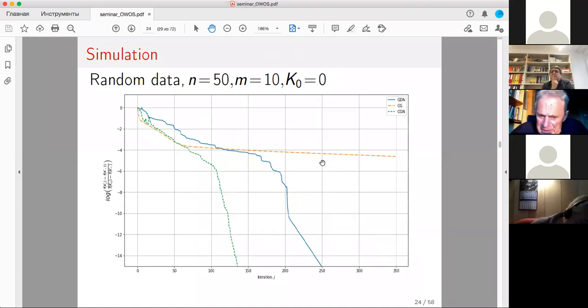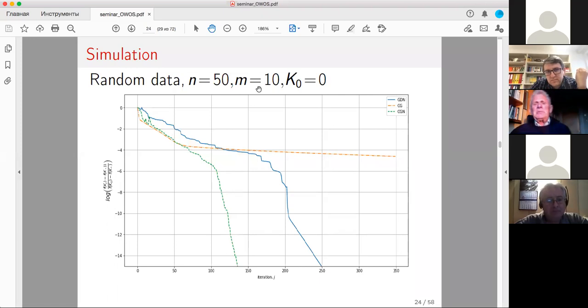And here are three methods. This yellow one is the gradient method with reducing step sizes. This one is gradient descent with the special gamma formula, and this one is conjugate gradient. You see, it converges pretty fast.